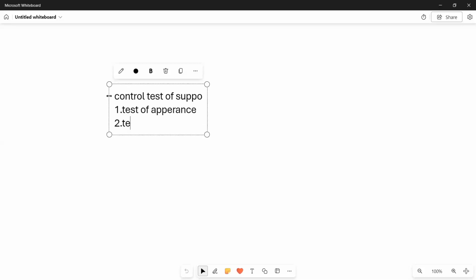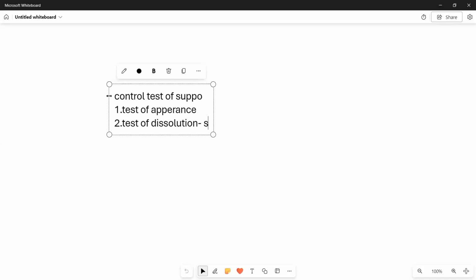Do you guys have any idea which dissolution apparatus is used for the dissolution test for suppositories? Mainly two types of dissolution apparatus are used.